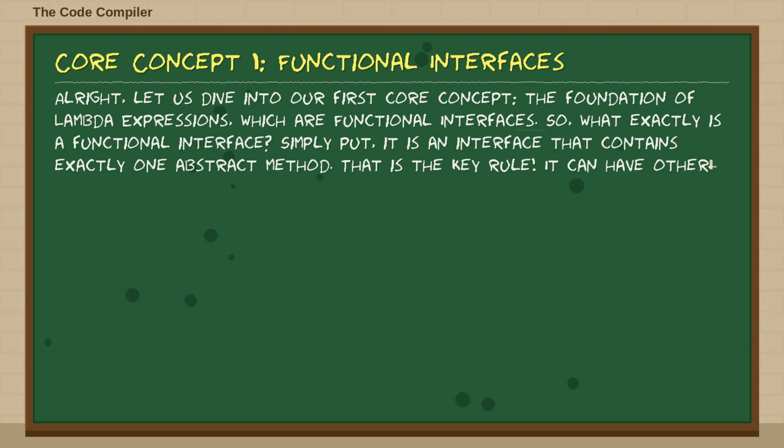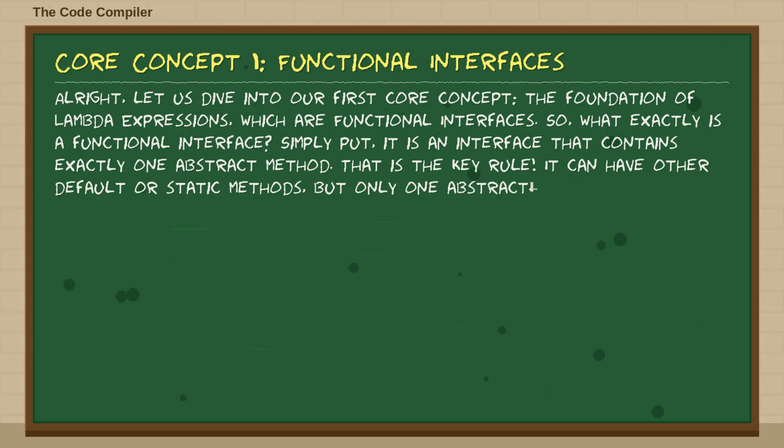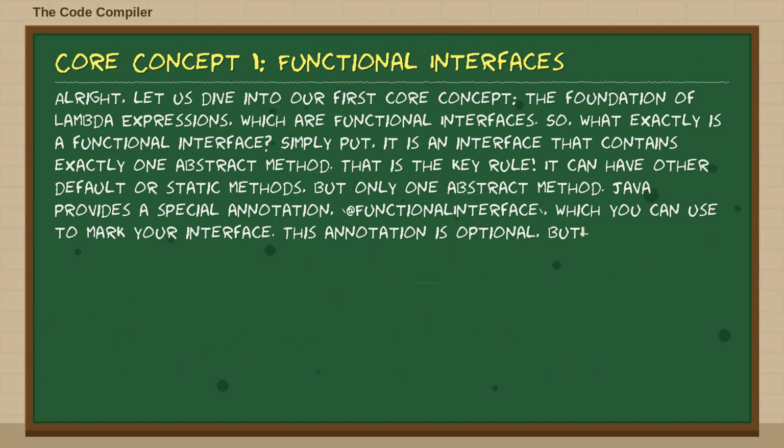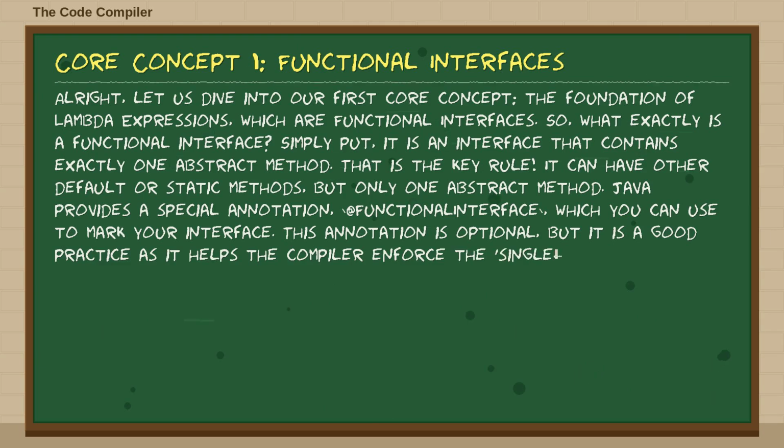It can have other default or static methods, but only one abstract method. Java provides a special annotation, @FunctionalInterface, which you can use to mark your interface. This annotation is optional, but it is a good practice as it helps the compiler enforce the single abstract method rule.